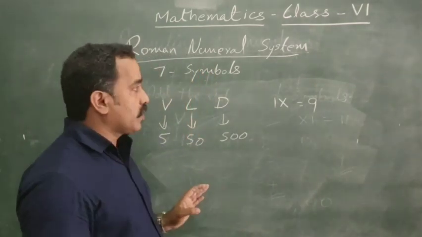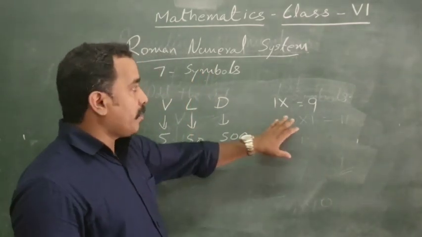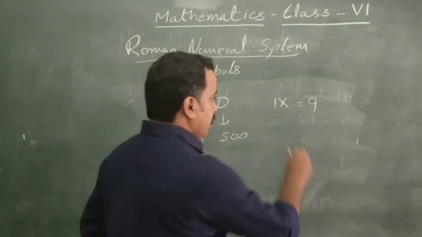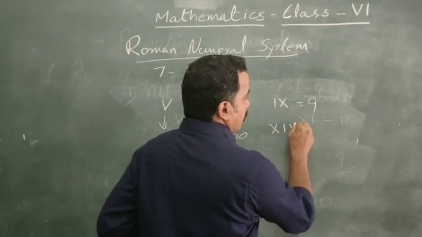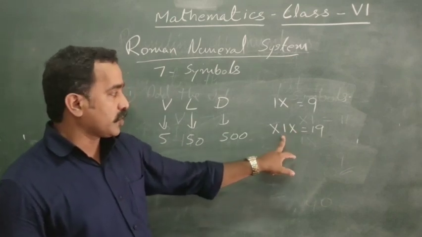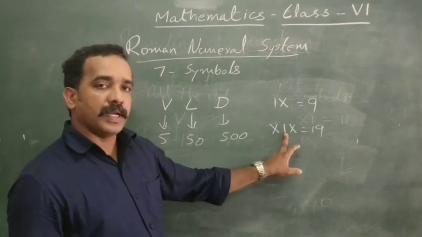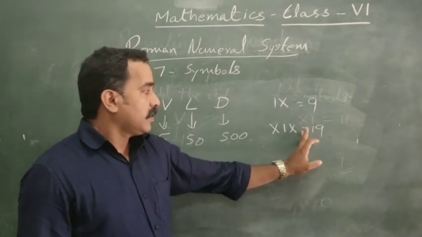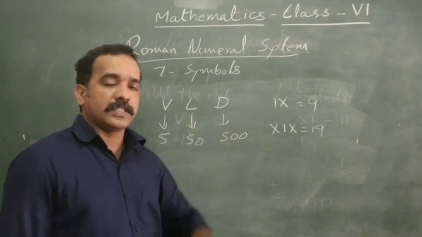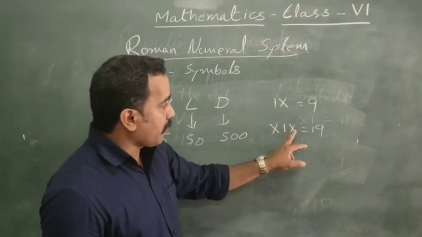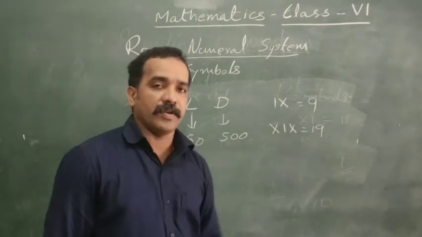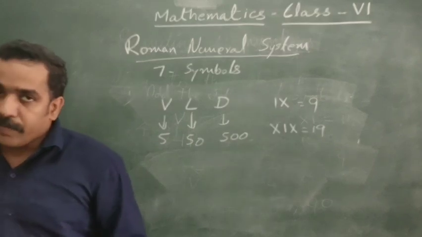But for representing 90, between two big symbols there is a small symbol. That small symbol is subtracted from the last big symbol and that value is added to the first symbol's value. That is 10 minus 1 is 9, and that 9 is added to this 10, 10 plus 9 is 90. That is the way we form 90.